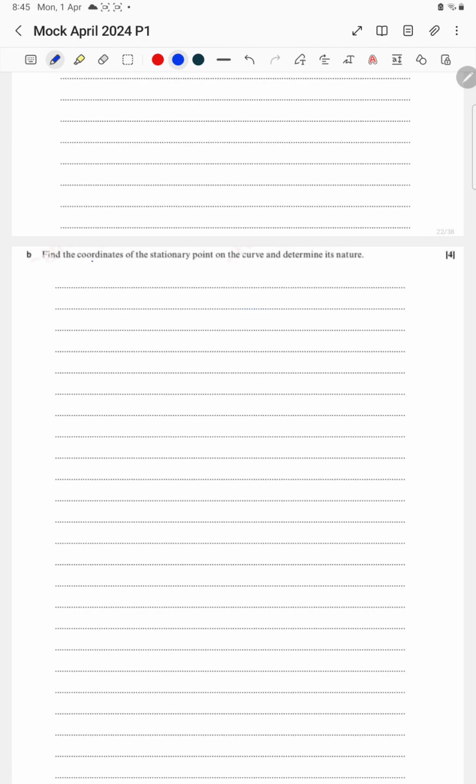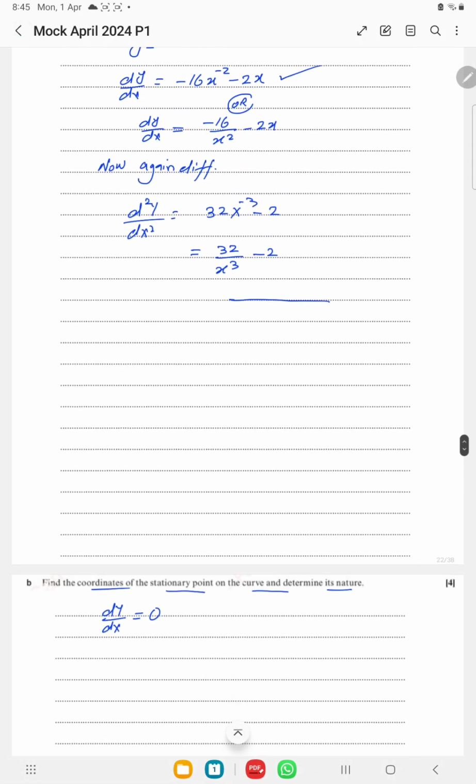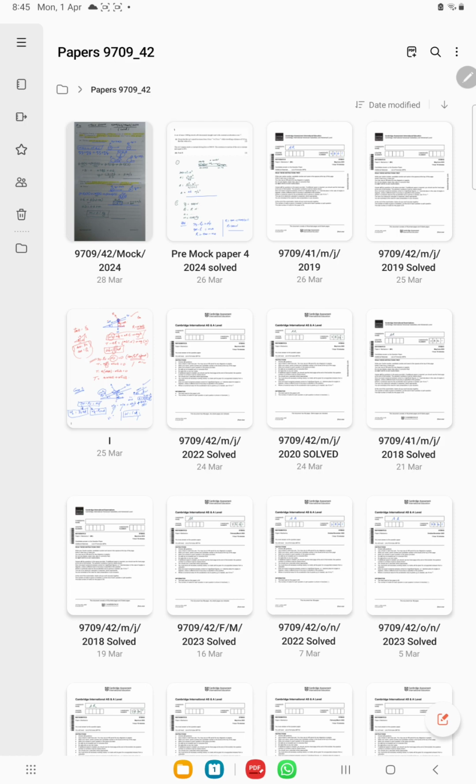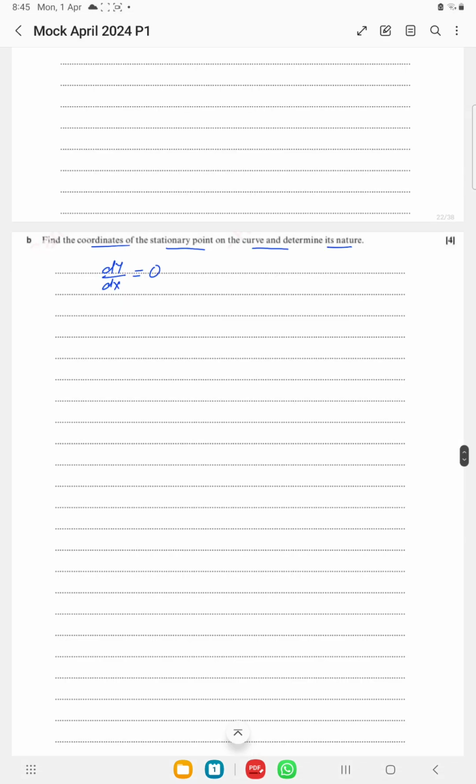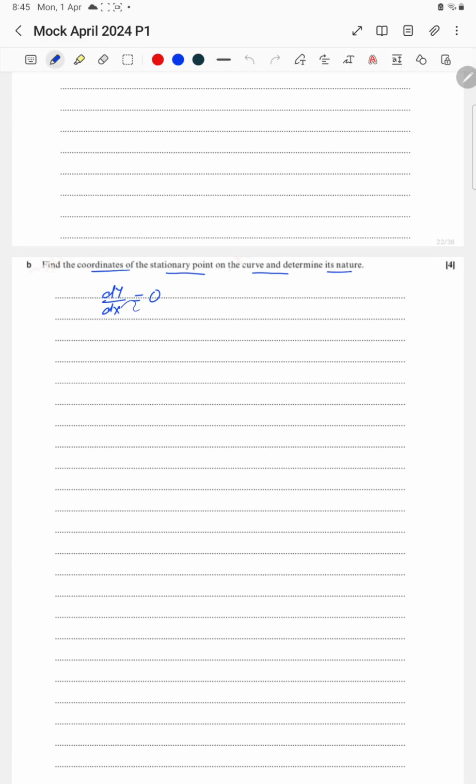For part B, it's given: find the coordinates of the stationary points on the curve and determine their nature. So for the stationary point coordinates, we need to put dy by dx equal to 0. From the first part we have dy by dx, that is minus 16 over x squared minus 2x equal to 0.